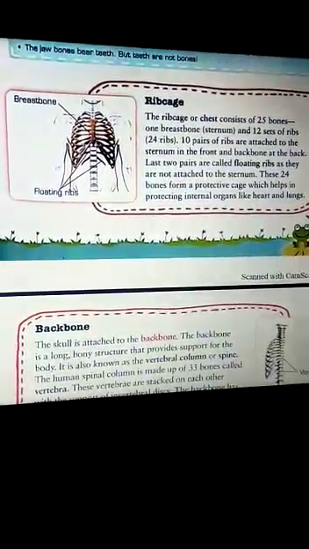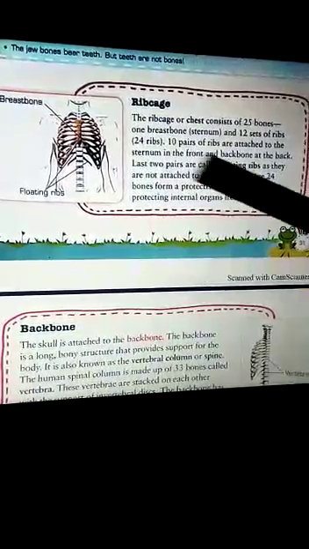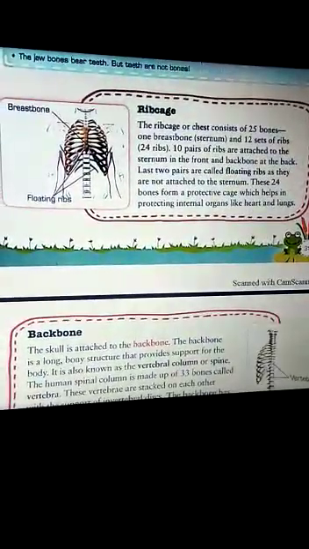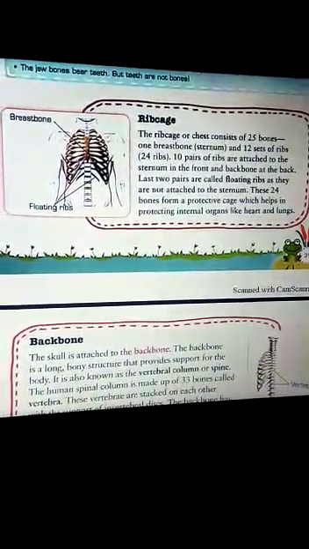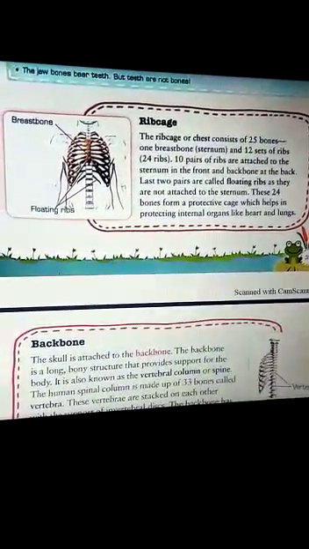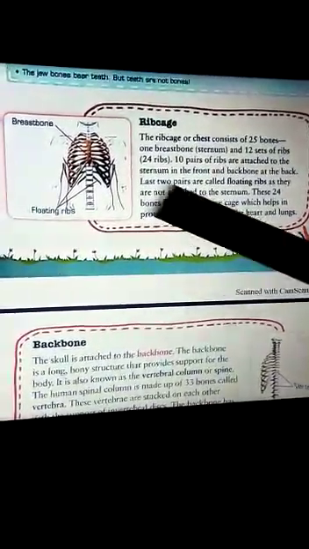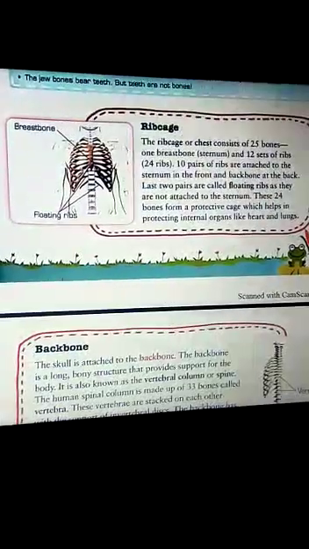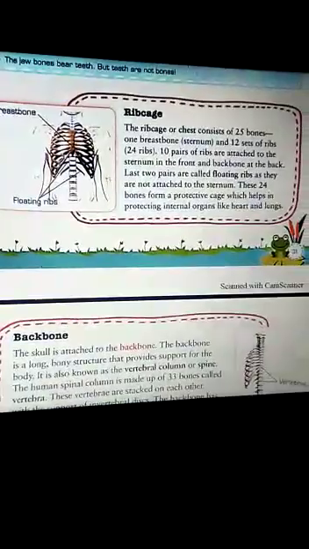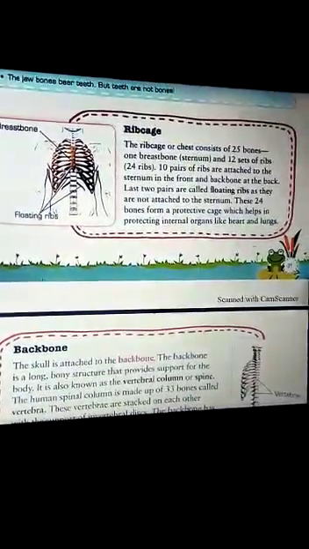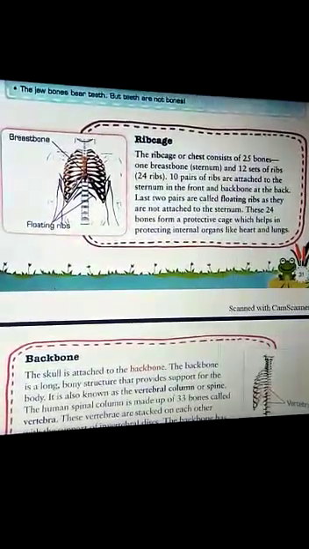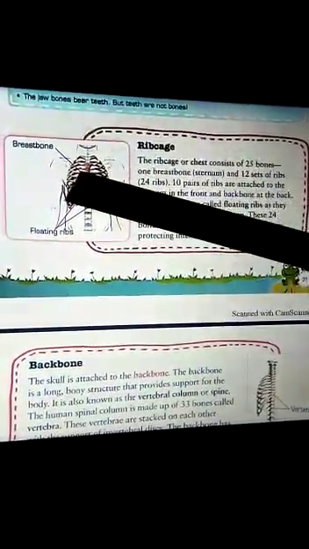The first rib is shortest and curved, and the rib cage has another long bone in the front called the sternum. Breastbone, you can say, and the ribs are attached to the sternum in the front and to the backbone at the end.